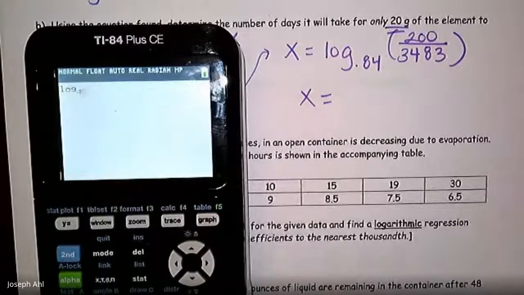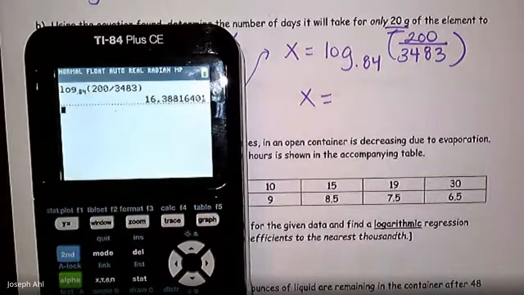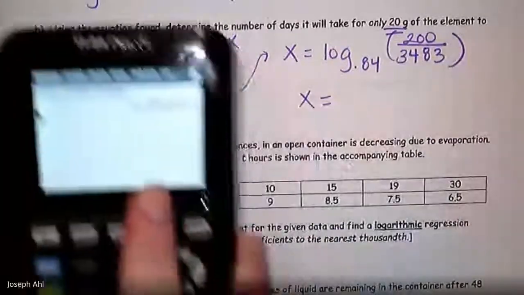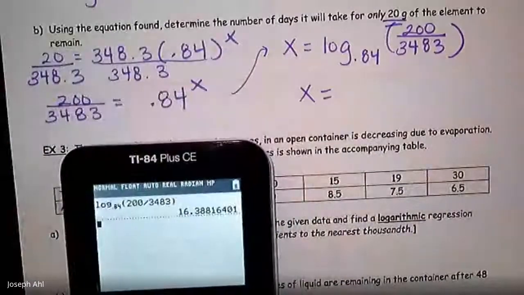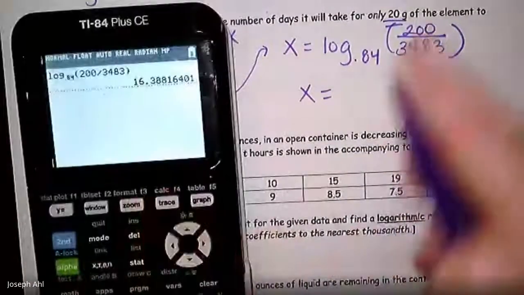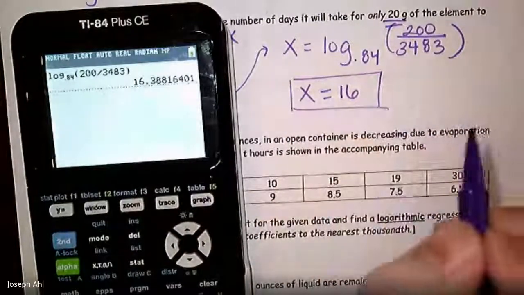We want log base 0.84 of 200 divided by 3483 to get that this takes approximately how many days? We'll go to the nearest day here and we'll say that it takes about 16 days, right? So sometime during the 16th day is when this will happen.